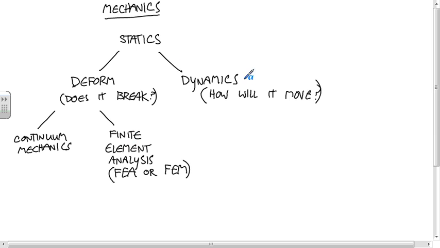Okay, and then on the dynamics side, you start out with force approaches. So I said force approaches and energy approaches.